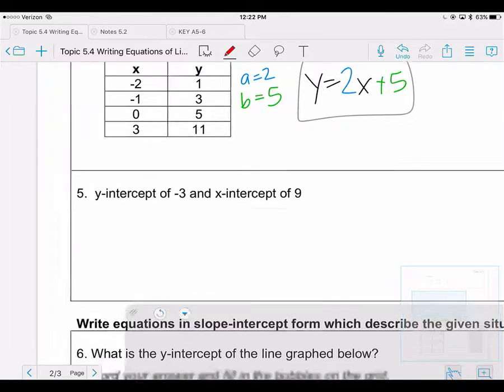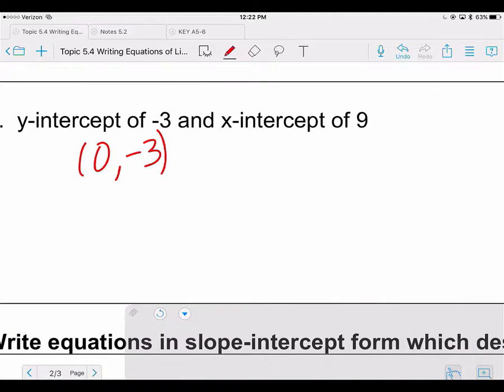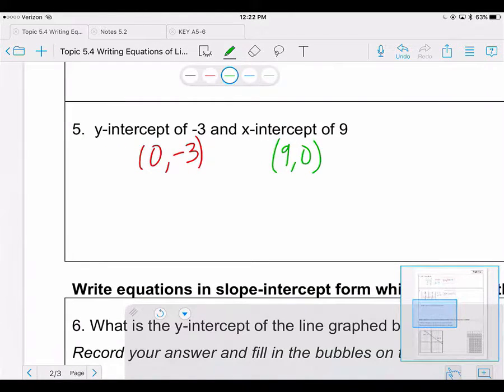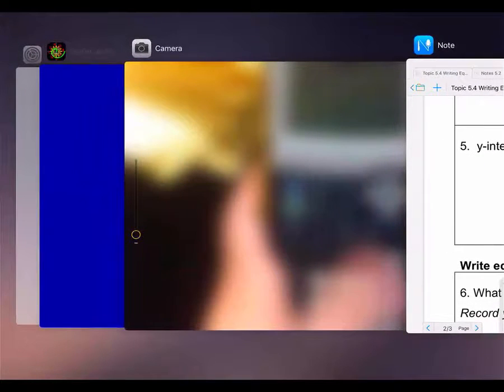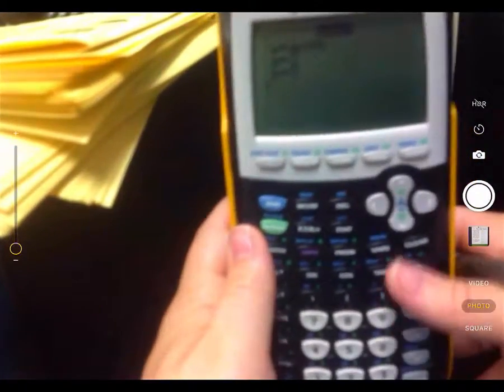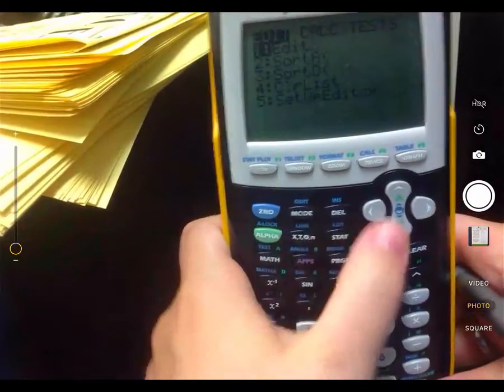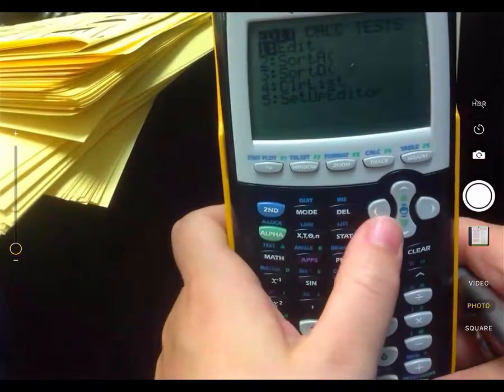Problem 5, we have a y-intercept, which is the point 0, -3, and an x-intercept, which is the point 9, 0. We have 2 points, so we can go to stat edit.